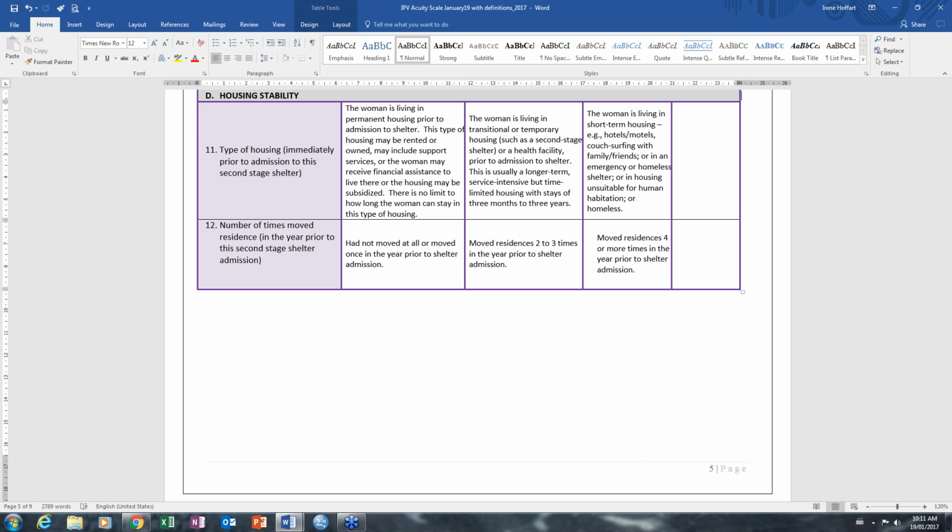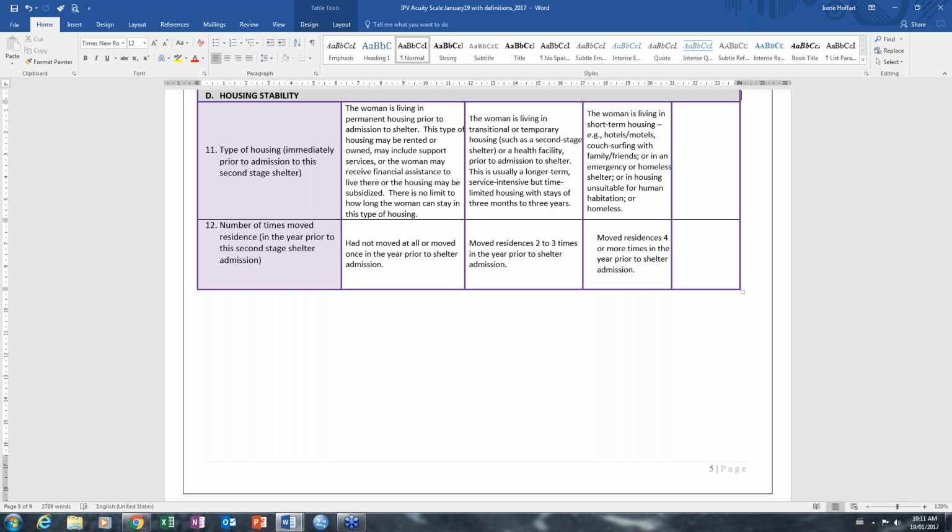So for example, in our example of a woman that maybe had been at an emergency shelter, then went to live with her parents and then went to second stage shelter, that would be one time that she had moved before coming to the second stage. So the actual move to the second stage does not count.